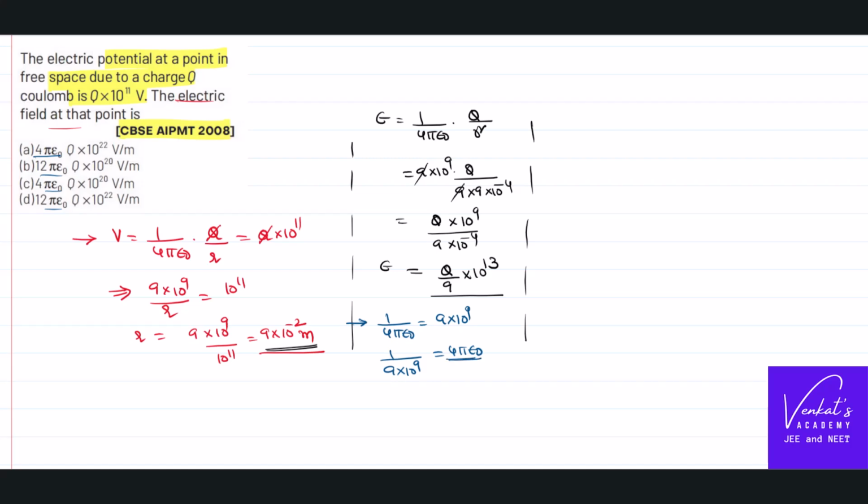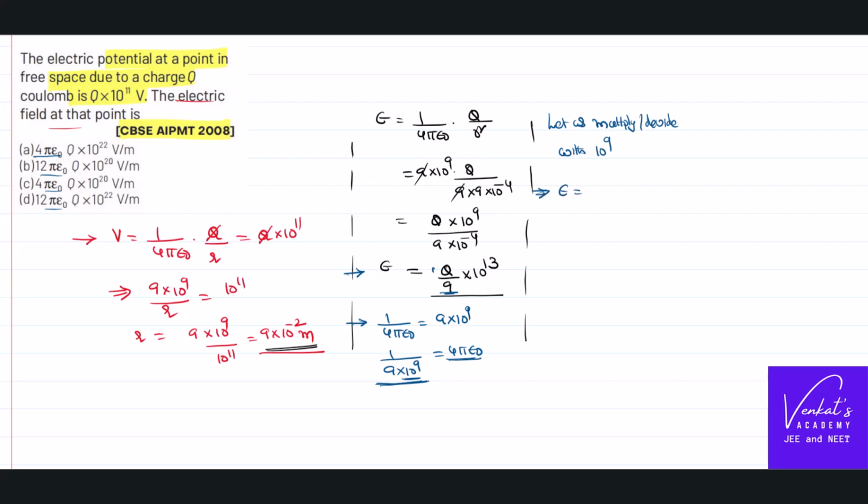To get 4 pi epsilon naught in the numerator, I need 1 by 9 into 10 power 9 in the denominator. 1 by 9 is there, but 10 power 9 is not there in the denominator. So, what do we do is, let us multiply and divide the electric field intensity that we have with 10 power 9.